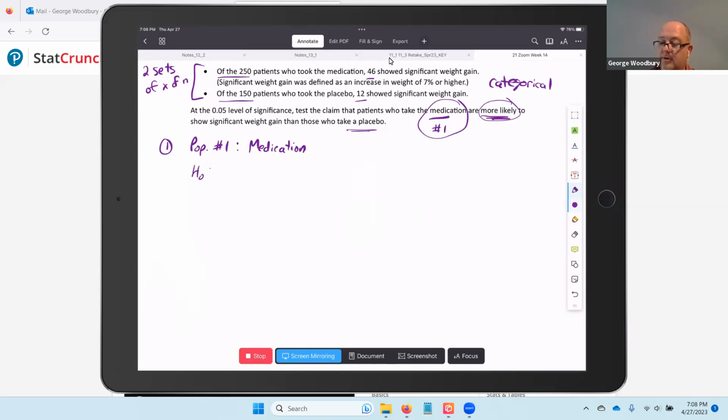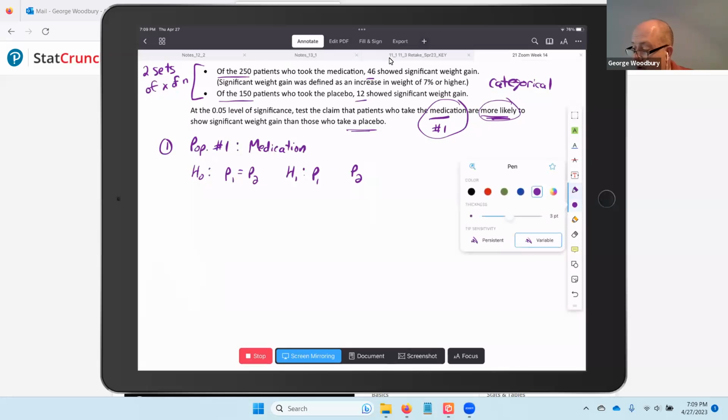The null hypothesis for a two proportion test is always P1 equals P2. And for H1, we're trying to figure out what sign goes between those two. Now, when we say that the people who take the medication are more likely to show the weight gain, more likely means greater than.